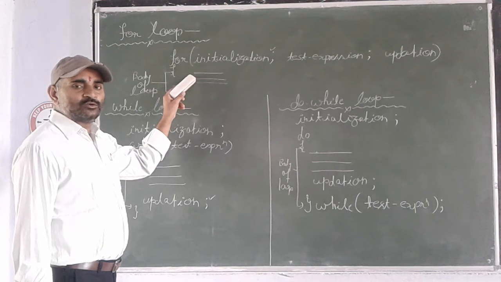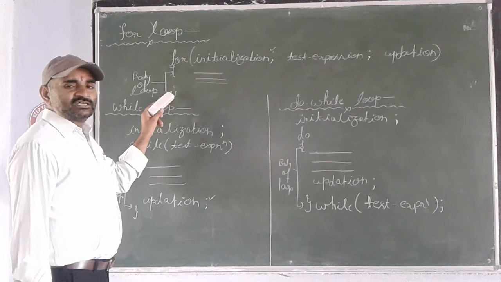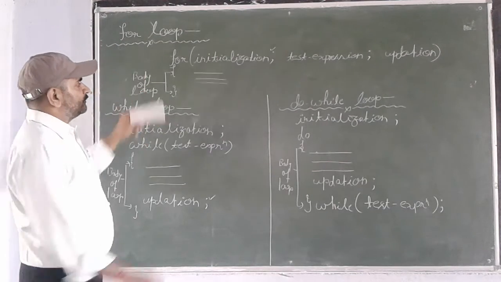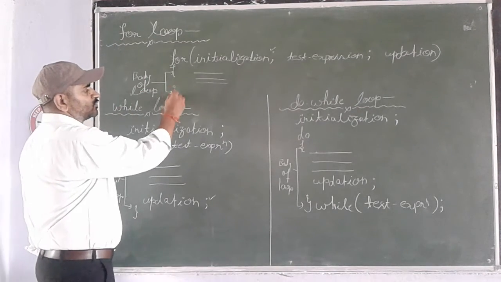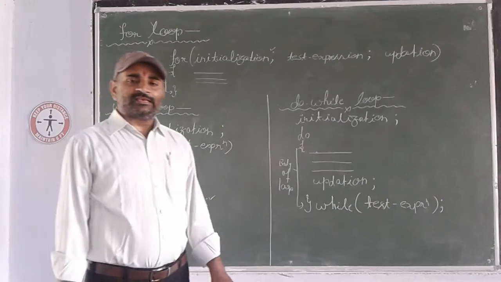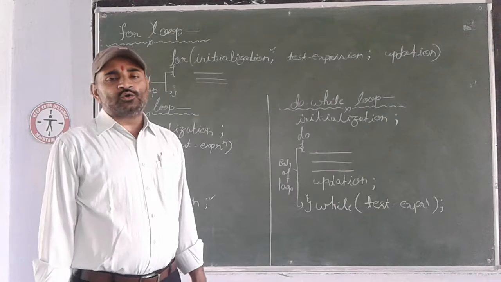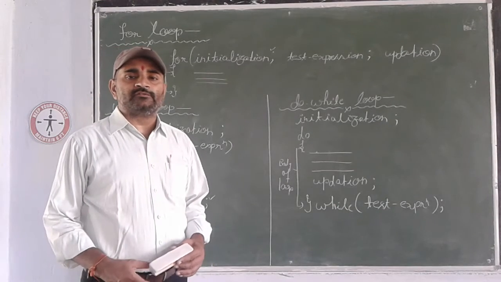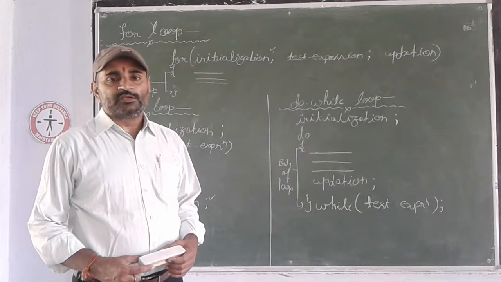This is the closing curly brace. So from the opening curly brace to the closing curly brace, this is called the body of the loop. I think you have understood how all four components are arranged in the for loop.